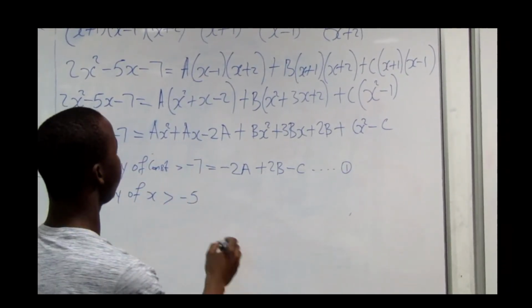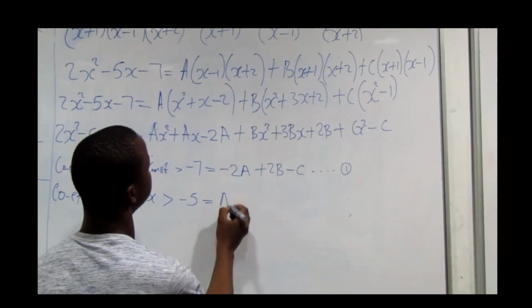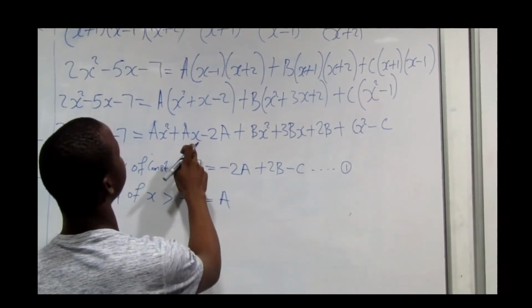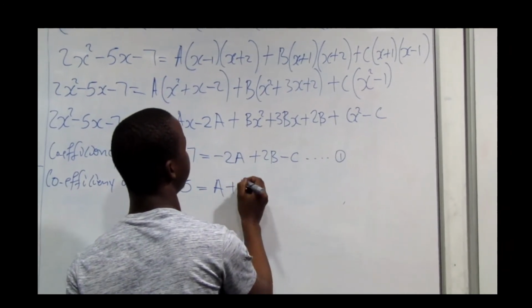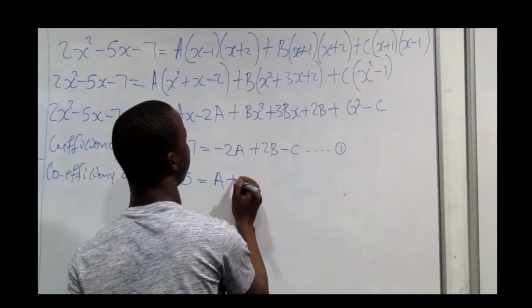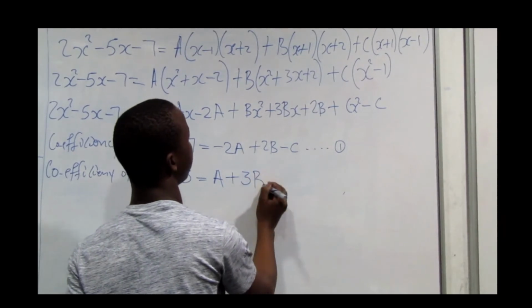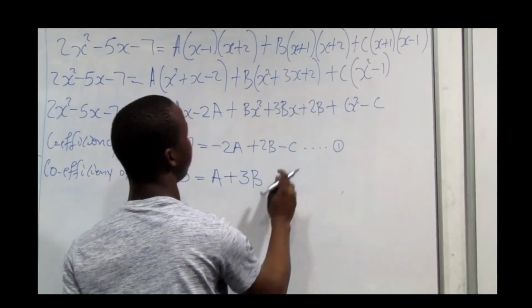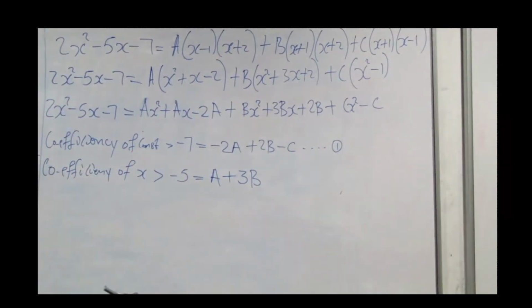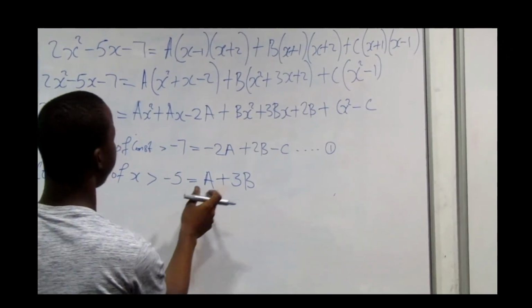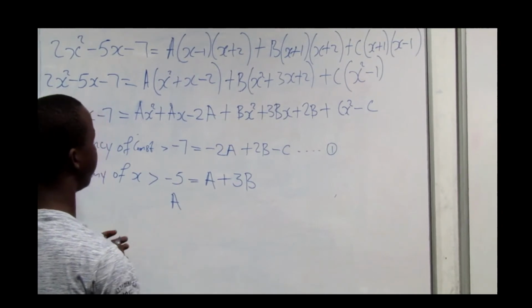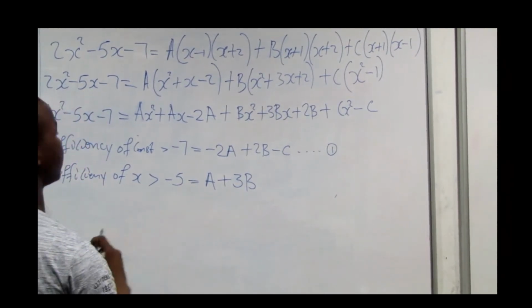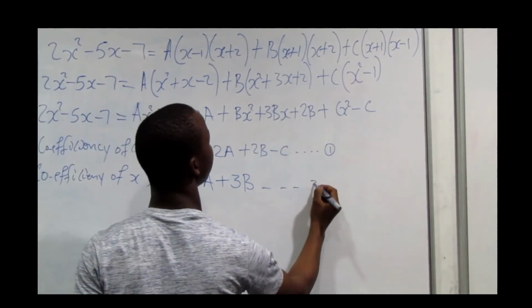From this one it is a, it equals a. From this one it is +3b. From this one we don't have it. So from here we are going to make a the subject of the formula. But before we do that, we make this equation 2.